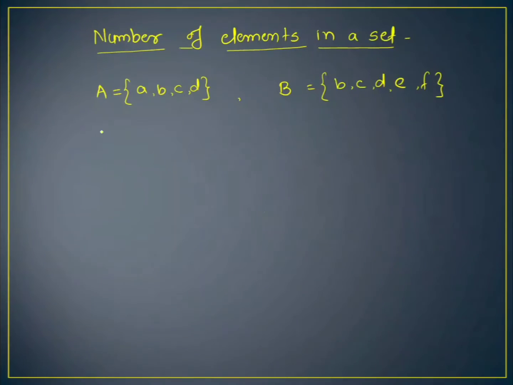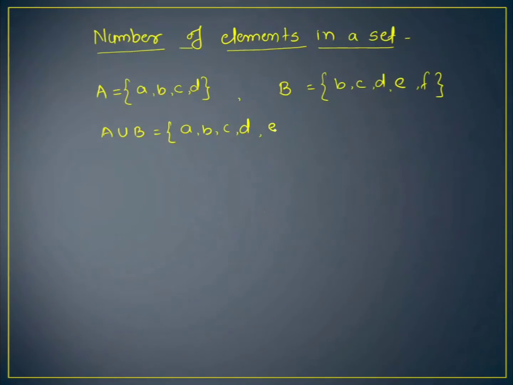Now if we find A union B, we have to collect all the elements from both of these sets, that is a, b, c, d. These are the four elements from set A. Then b, c and d are repeating in set B, so we have already taken these in the union and we cannot repeat them.